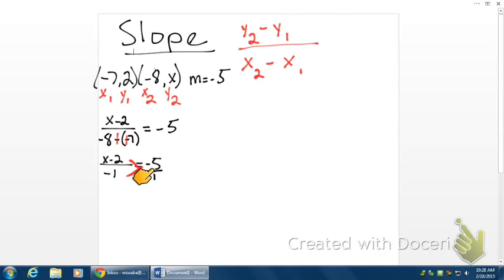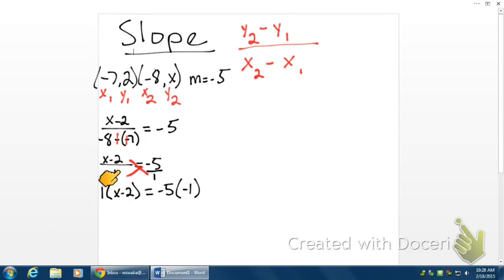So this is going to become 1 times x minus 2 is going to be equal to negative 5 times a negative 1.